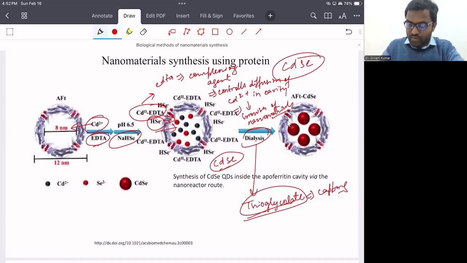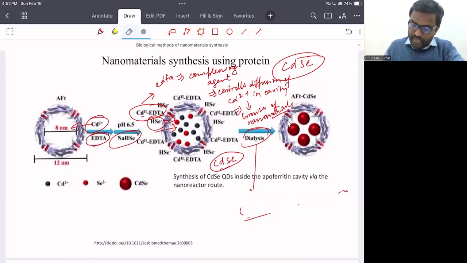Further, if you want to modify, since we have already used cadmium EDTA to control the diffusion, it is better not to use thioglycolate here. So here we can use only dialysis, maybe with sodium acetate.